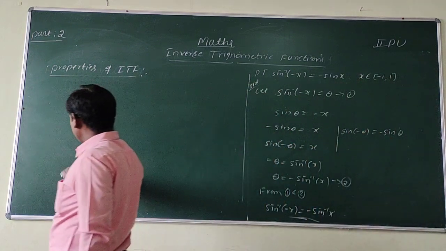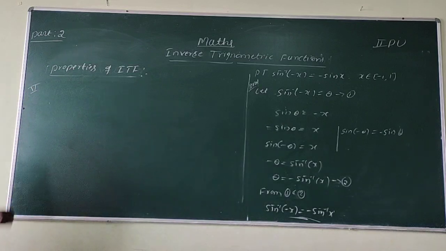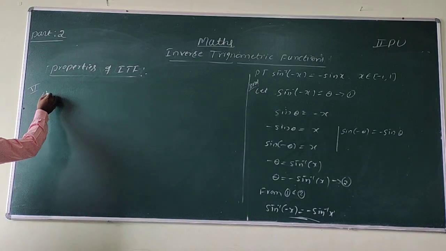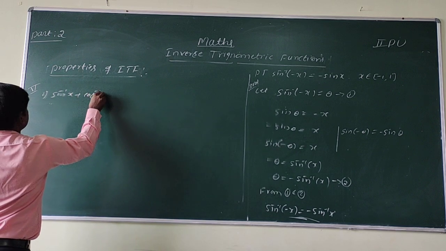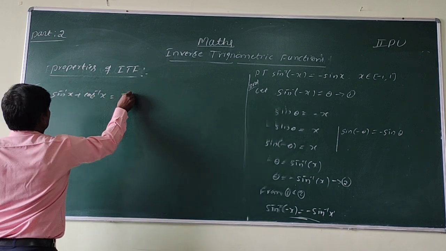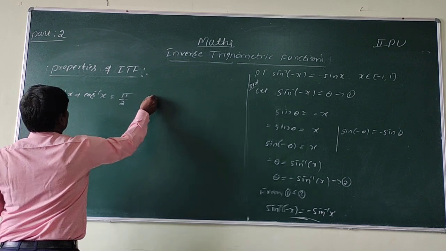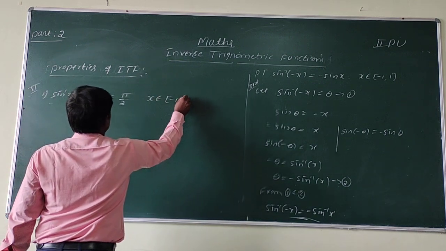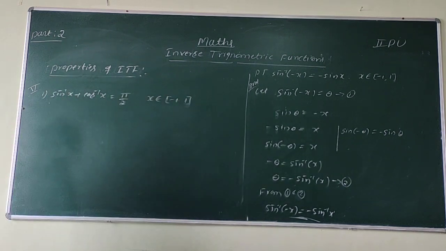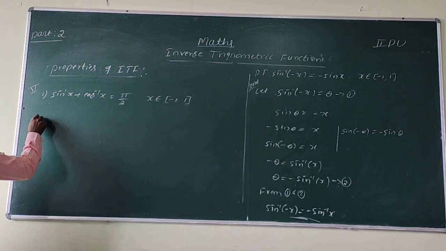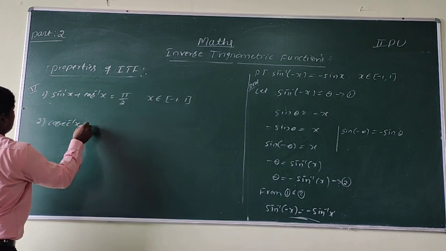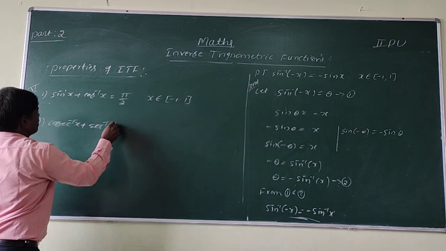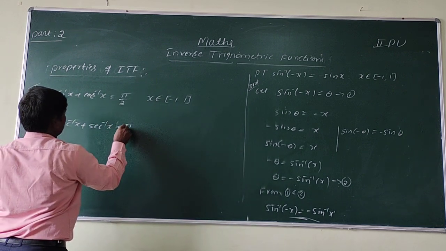Fifth property. The first one is sine inverse of x plus cos inverse of x is equal to pi by 2, where x belongs to minus 1 to plus 1. The second one is cosecant inverse of x plus secant inverse of x is equal to pi by 2.